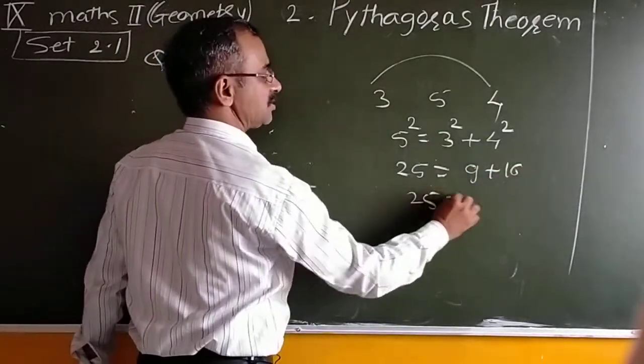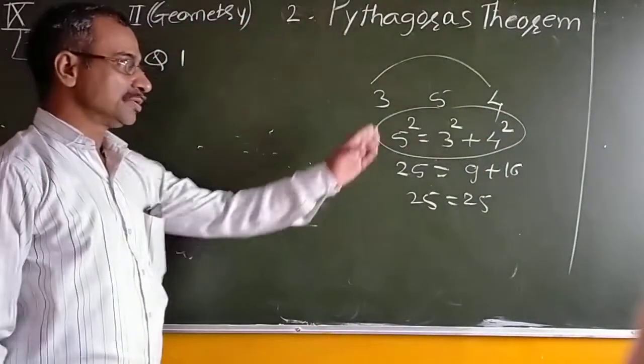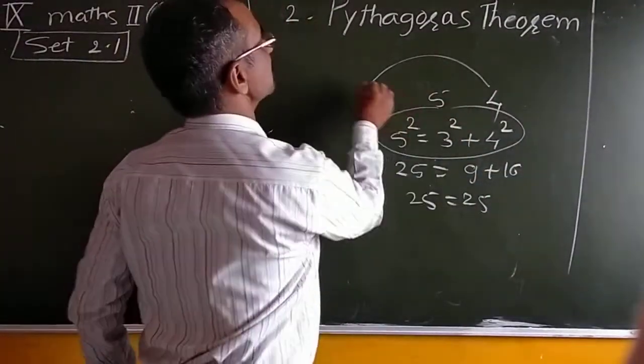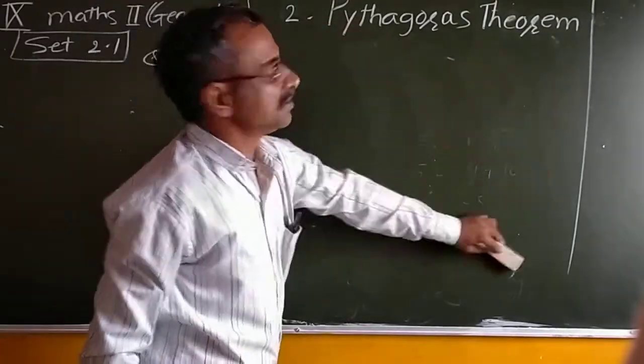So 25 is equal to 25, which means the sum of their squares is equal to the square of the highest integer. Then this set of numbers is called a Pythagoras triplet.